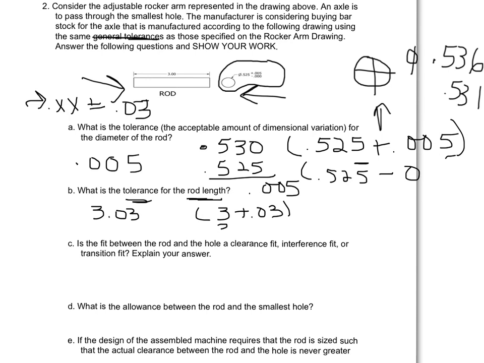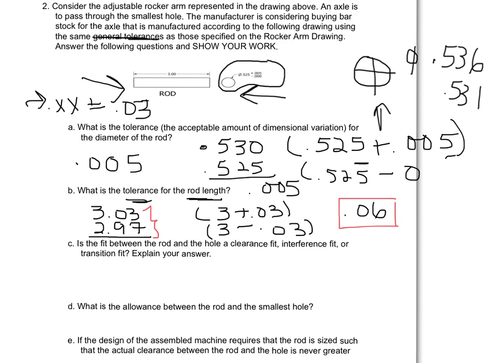Well, it's going to be 3 minus 0.03, and that's going to be 2.97. I've run out of room, but if I subtract them, that difference will be 0.06. So that is your answer. This is your reasoning, and this is the work I would expect to see.